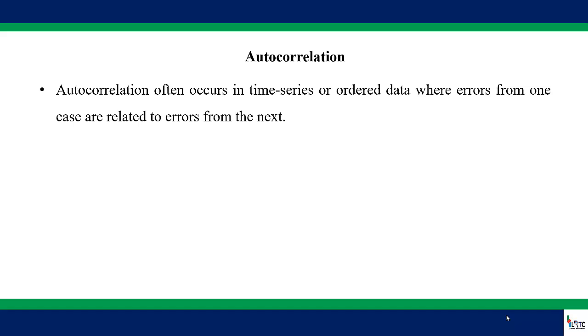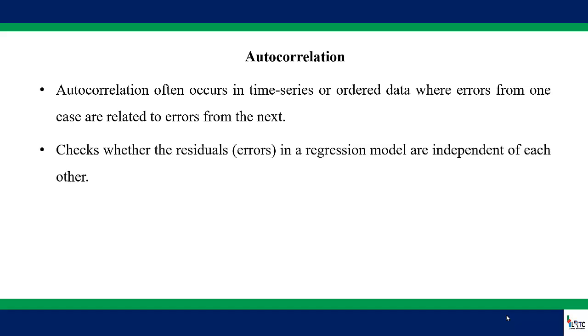That is, the observations are not correlated, or the residuals of the present and past errors are not correlated. Autocorrelation occurs in time series or ordered data where errors from one case are correlated to the error from the next.